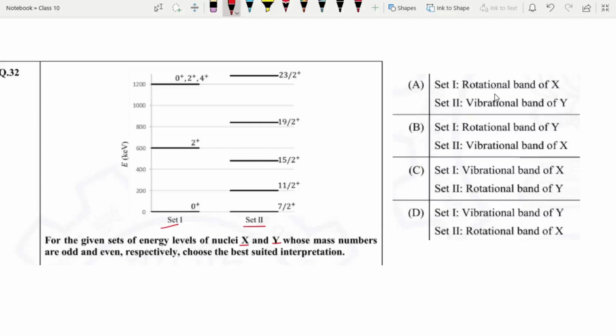Okay, so we have studied in collective model the vibrational levels of even nuclei.